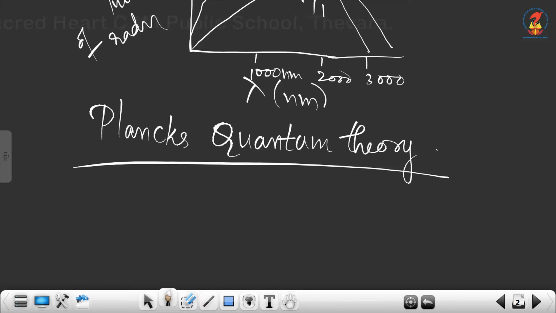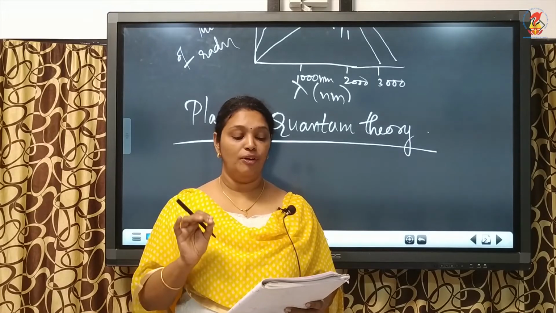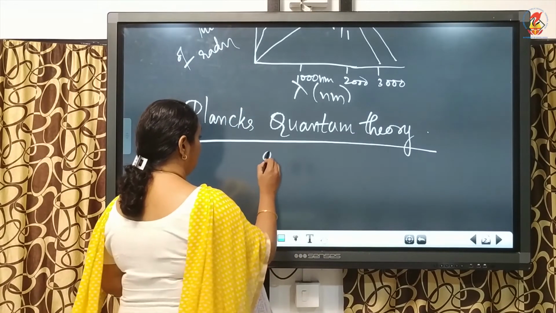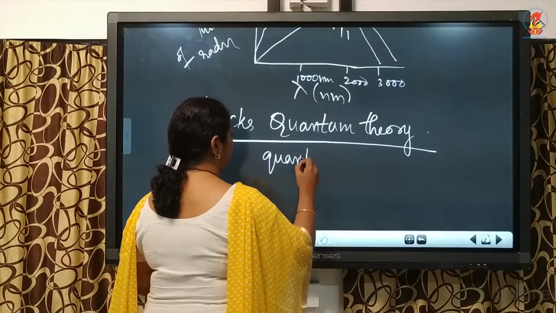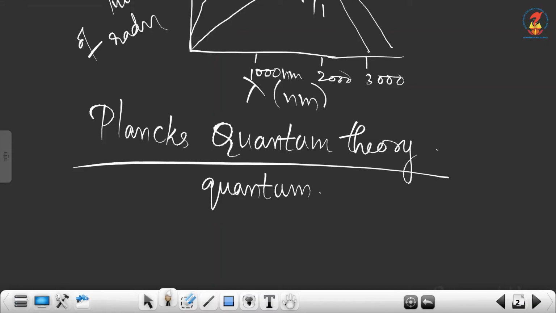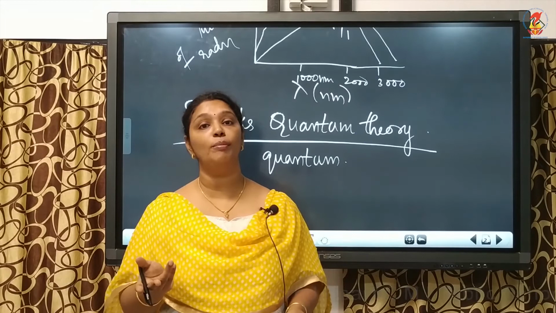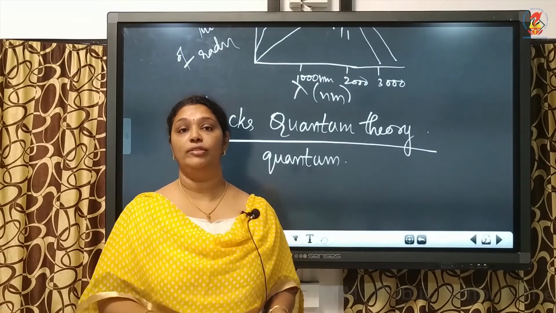Now, according to this theory, the radiant energy is emitted or absorbed not continuously but discontinuously in the form of small packets of energy called quanta or quantum. Now quantum is the smallest quantity of energy that can be emitted or absorbed in the form of electromagnetic radiation.